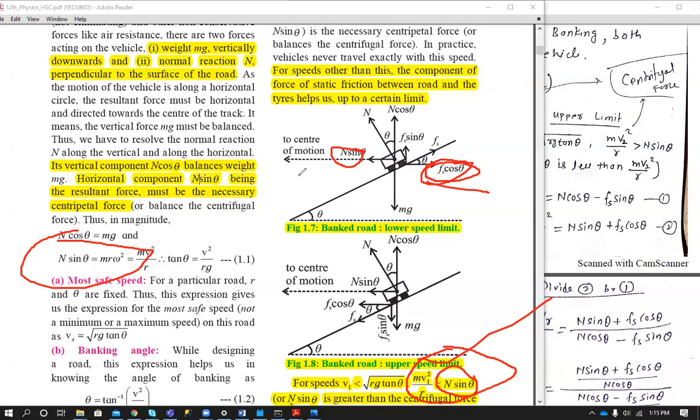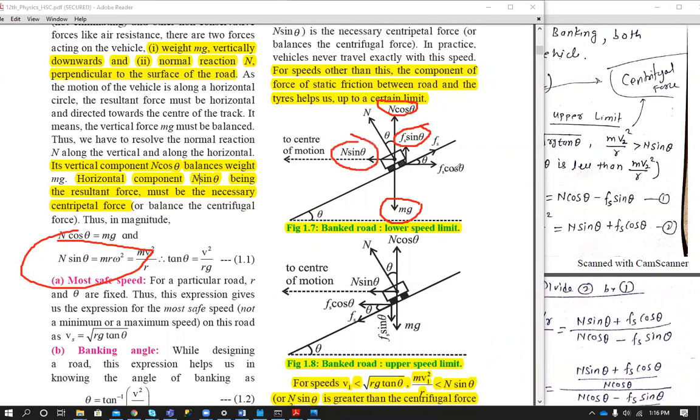So that's why centripetal force equals n sin theta minus fs cos theta. Let me conclude: mg equals n cos theta plus fs sin theta, and the centripetal force is equal to n sin theta minus fs cos theta.